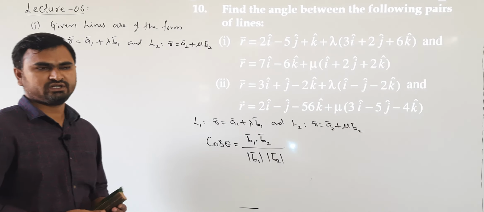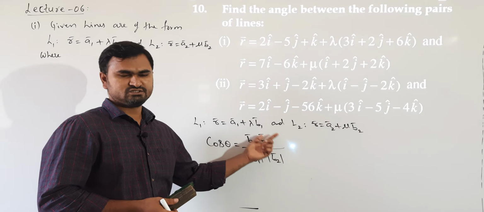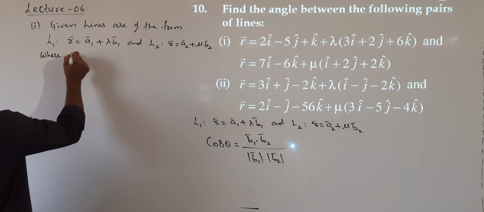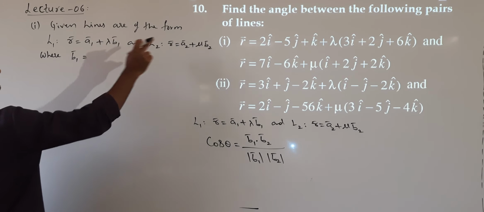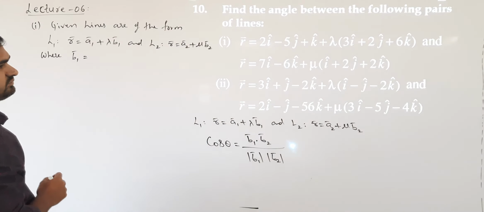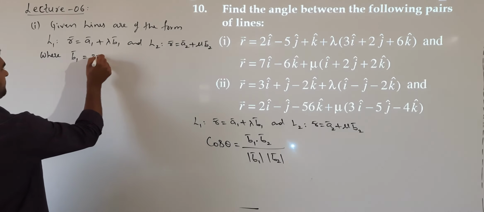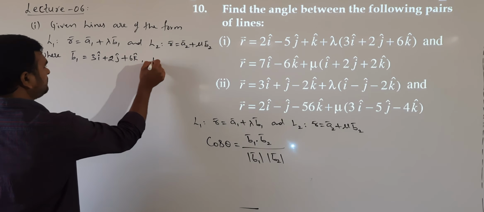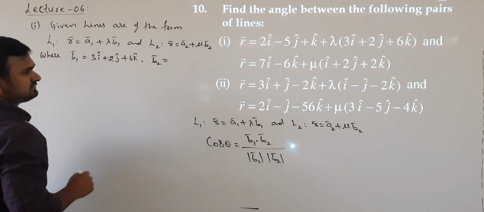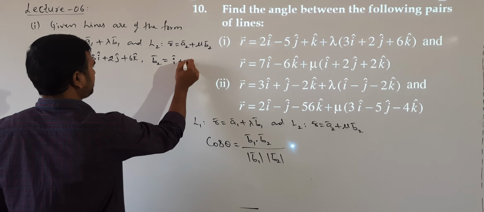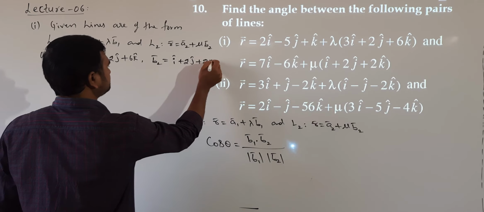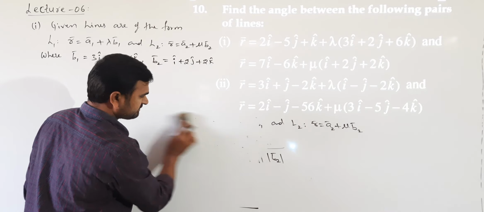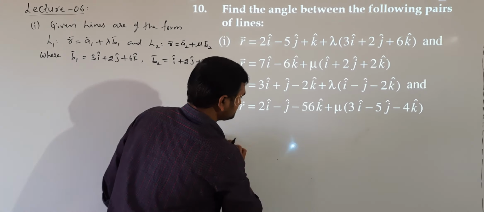So I will consider only b1 bar and b2 bar, that is used to find the angle between two lines, where b1 bar is 3i plus 2j plus 6k and b2 bar is i plus 2j plus 2k. So we have b1 bar and b2 bar. Using this formula we can find the angle between two lines.